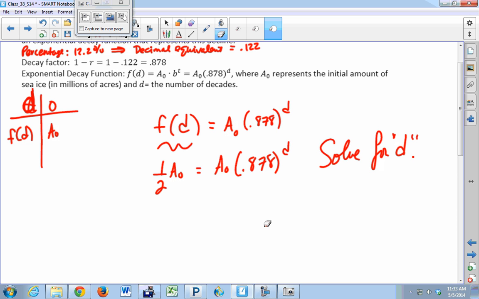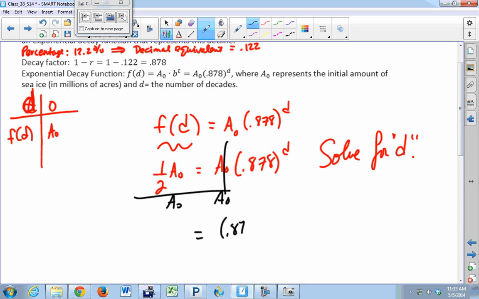So this goes back to what we did last week. To solve this for d, I want to get a 1 out in front. So I divide both sides by a sub naught. On this side, I get 0.878 to the d. And what do I get on the left-hand side? Half of a sub naught divided by a sub naught. What do I get?